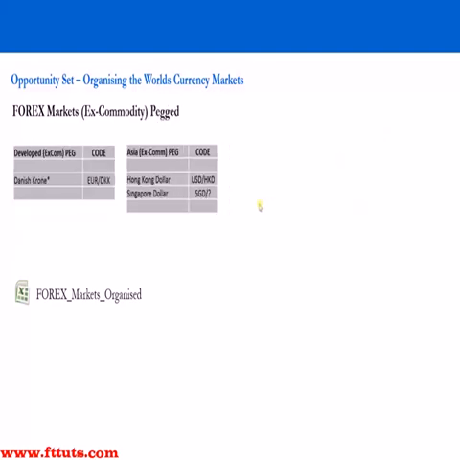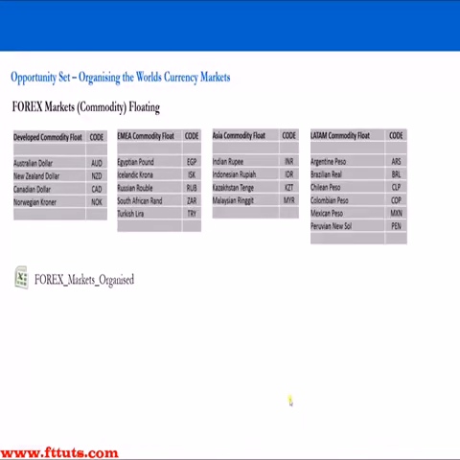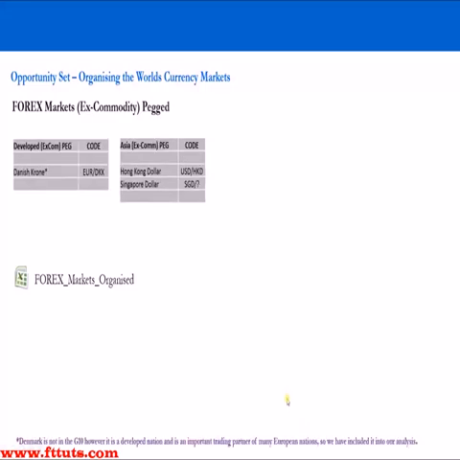The next definition is the ex-commodity pegged regimes. So we have Denmark in here. Denmark's not in the G10, but it's a developed nation and is an important trading partner of many European nations, so we've included it in the analysis. So developed ex-commodity pegged, the Danish kroner, which is pegged to the euro.